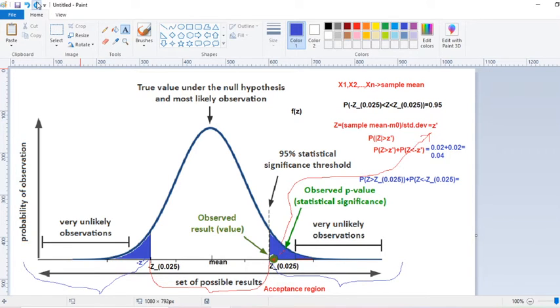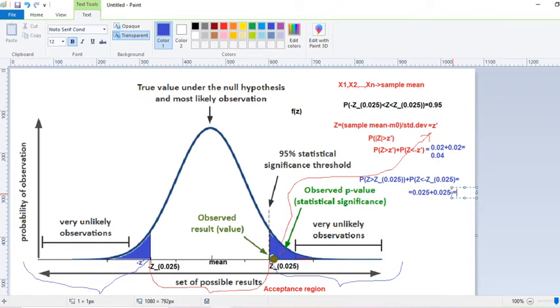So what is the area of this left region plus right region? That is 0.025 plus 0.025, which is nothing but 0.05. It should be 0.05 because we are considering a 95% statistical significance threshold.